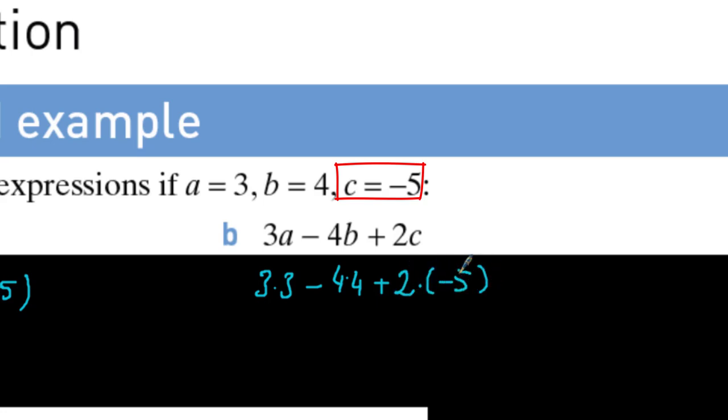And as I mentioned before, when we have a negative value for substitution, we have to put it in parentheses. 3 times 3 is equal to 9, minus 4 times 4 is equal to -16, and plus 2 times -5 is equal to -10. 9 minus 16 is equal to -7, -7 minus 10 is equal to -17. So the answer of this question is -17.